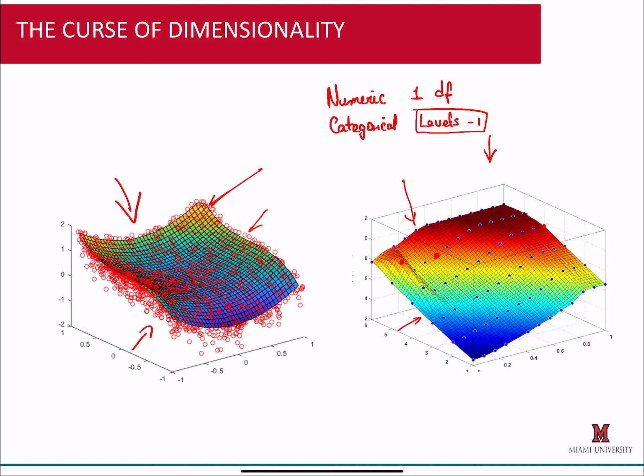We have to balance the amount of predictive power that the variable brings with the complexity that it adds to the model. That is not such a big problem in multiple linear regression.